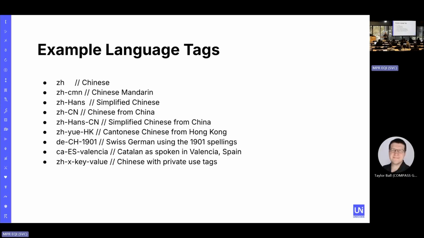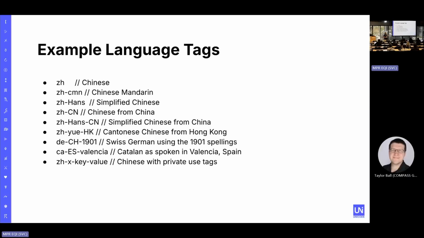The last part of a tag is something called a variant, which is more an orthographic tradition or some other kind of tradition that is even more specific than a particular language. So like DE-CH-1901 is Swiss German using the 1901 orthography, or spellings, and CA-ES-valencia is Catalan as spoken in Spain, and in particular in the region of Valencia.